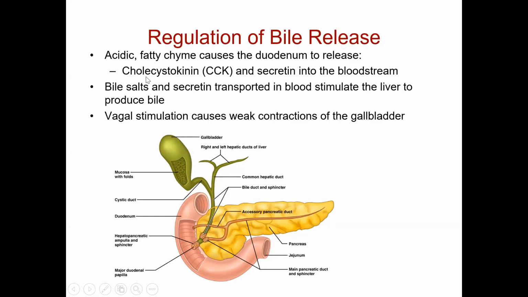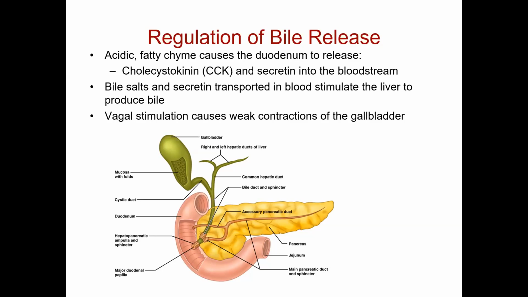Okay, so now think about the function. If you just had a big steak, a lot of fat, right? So you need to digest the fat. Then you really want to release more bile to help digest the fat particles.